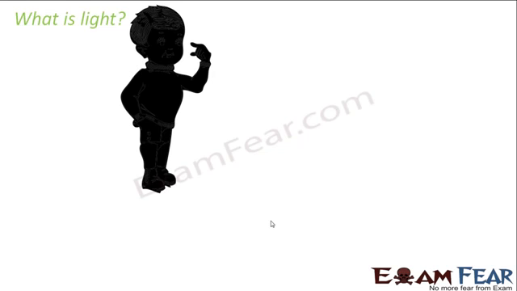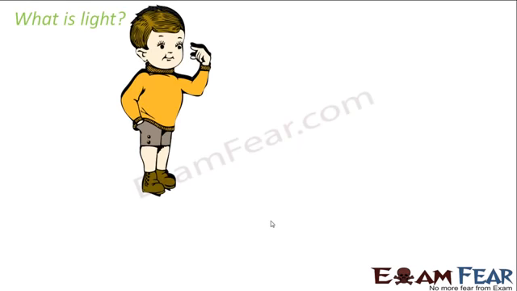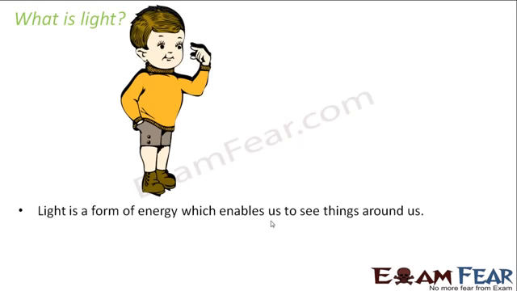Now let us start with what is light. Just now I mentioned light is something which enables us to see everything present around us. It is a form of energy which enables us to see things around us. You can imagine, at night when the power cuts off, it becomes so difficult because we are not able to see anything around us. Life is so difficult without it, right?